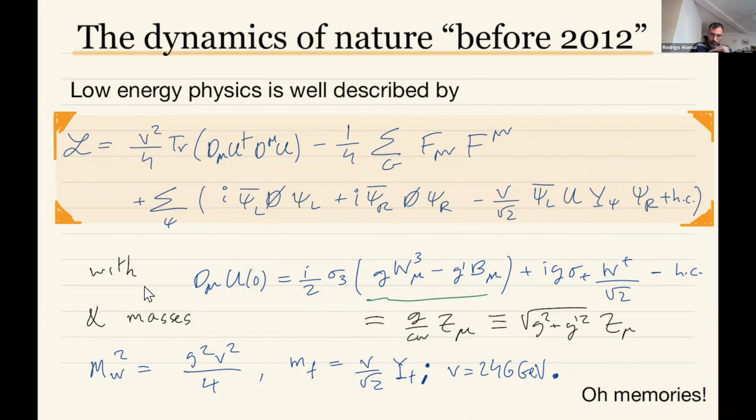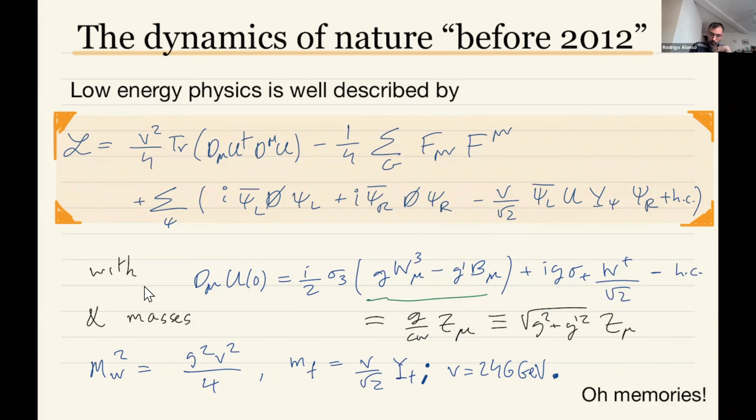We'll pick up a term that is proportional to sigma 3, with this combination of the third weak isospin boson and the hypercharge boson that defines our Z. And I'm using this also to define our weak mixing angle.